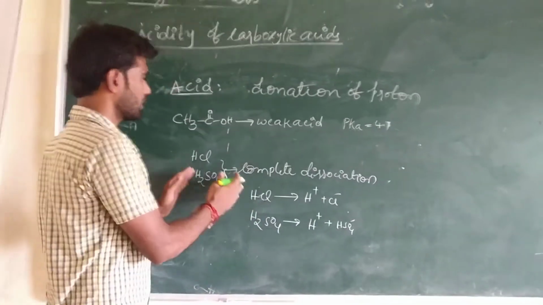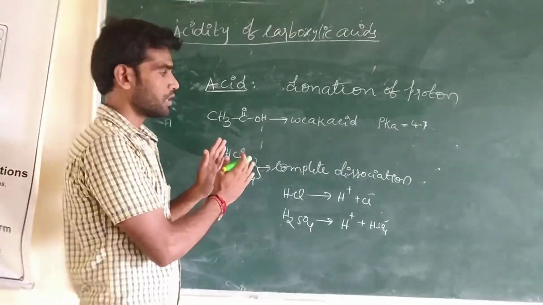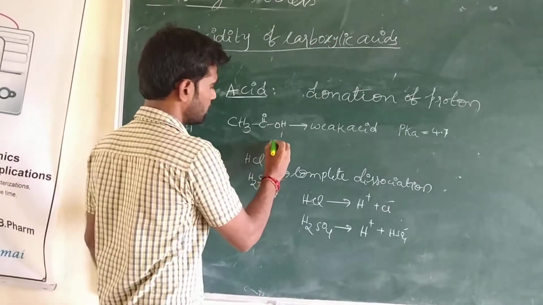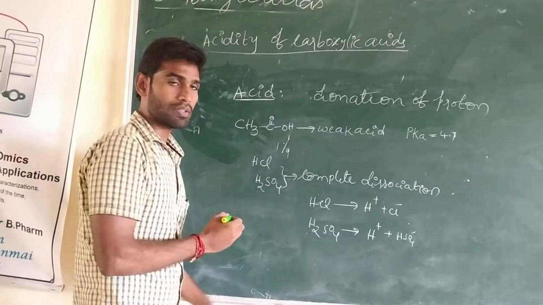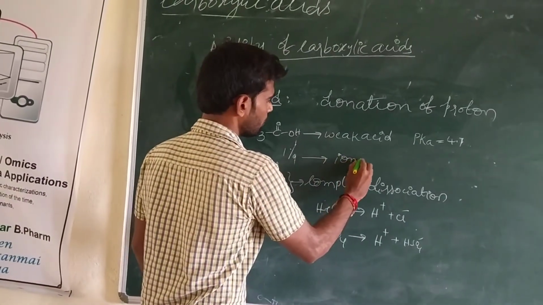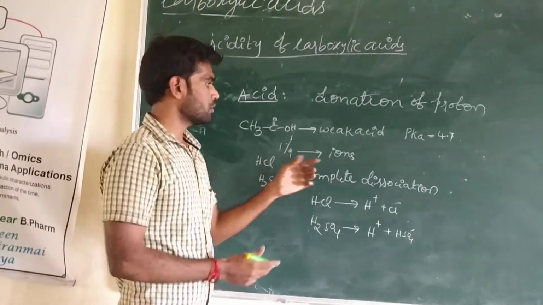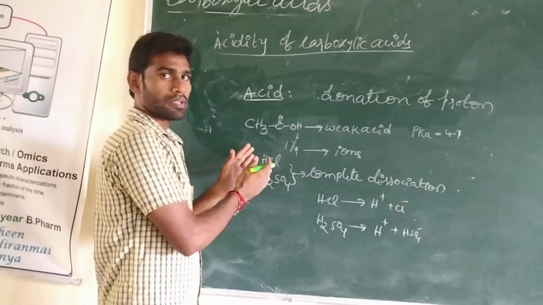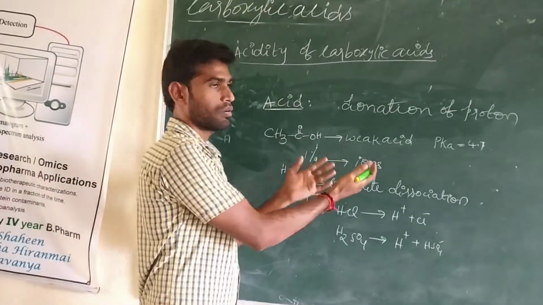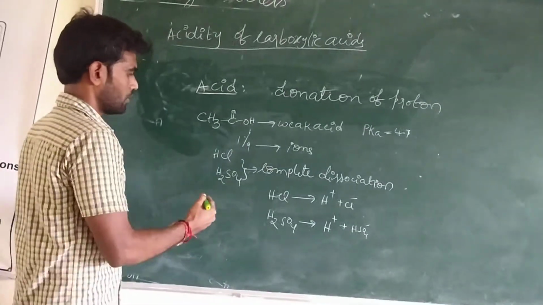But acetic acid undergoes dissociation that is not complete. Only 1% of the reactant is converted into ions. The remaining 99% of the acetic acid remains as such and does not ionize.